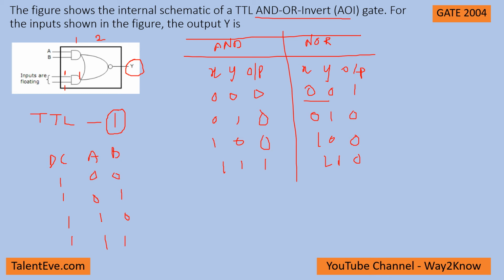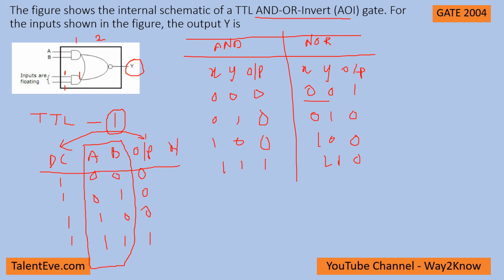Now the output of this A and B is 0 0 0 1. In this scenario, if you eliminate these two, these two are the inputs to the NOR gate. Now if you consider this as Y, as per the NOR gate functionality, if any of the inputs is 1, the output is 0.